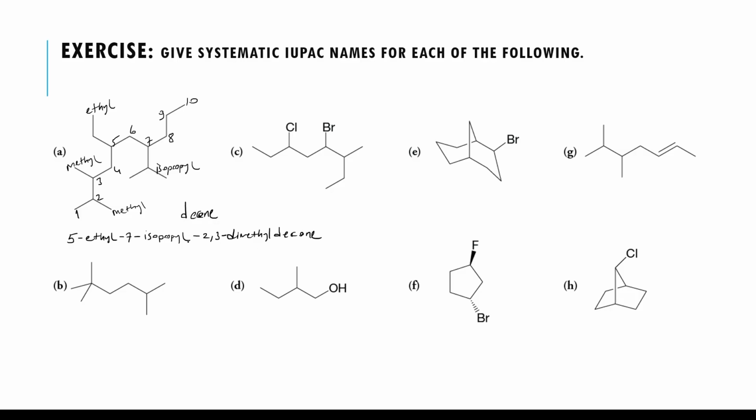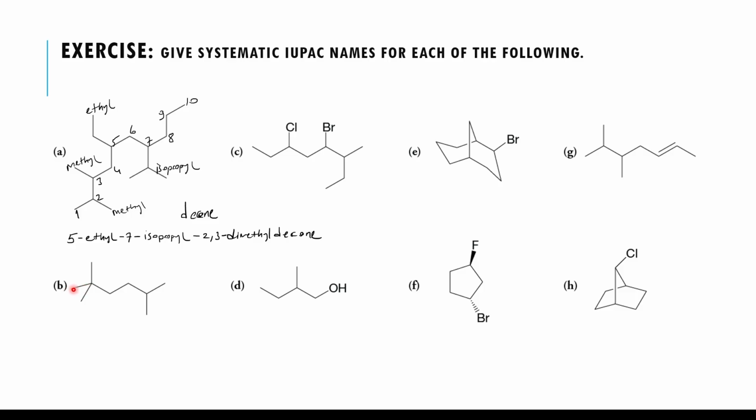Okay, let's move to the second one, option B. Again, we have to find the longest chain, and we can guess that we have two alternatives basically. We can start from the left side and go through the longest chain, or we can start from the other end, from right to left.